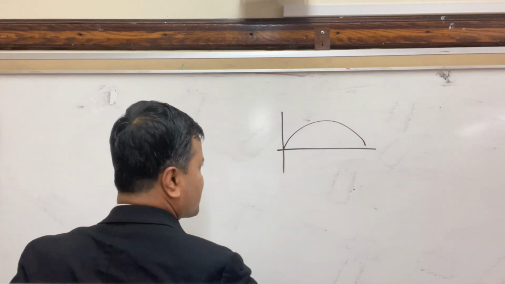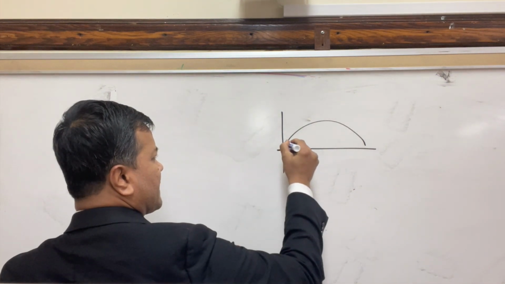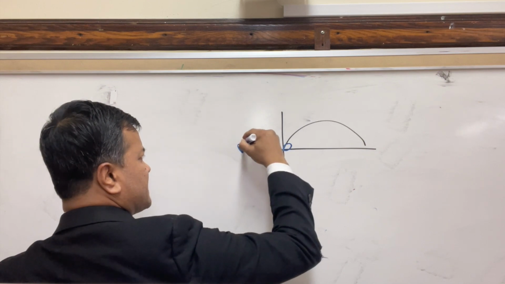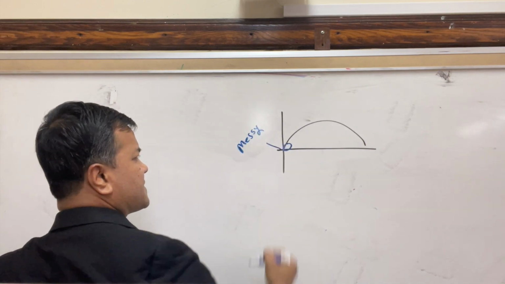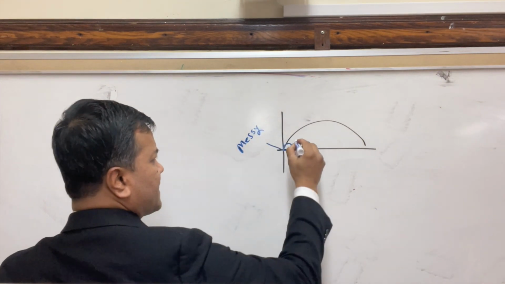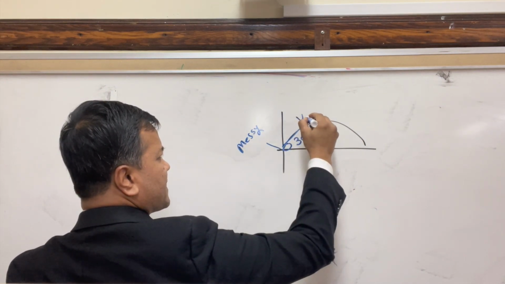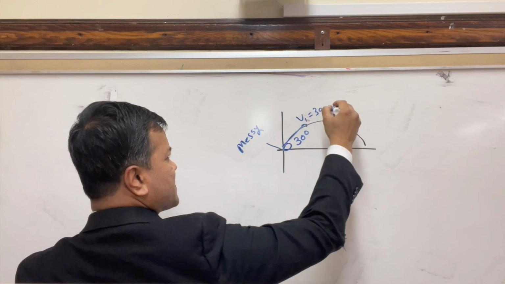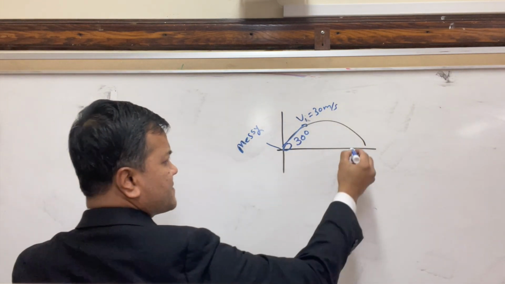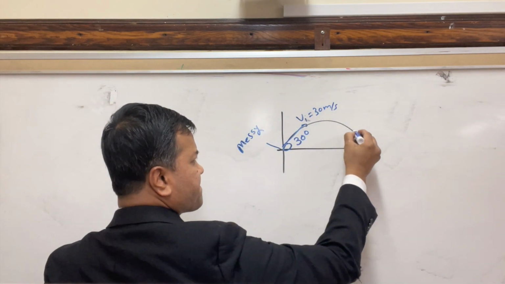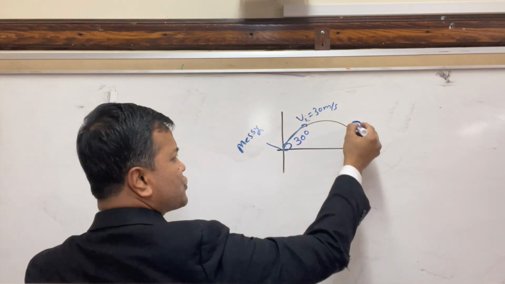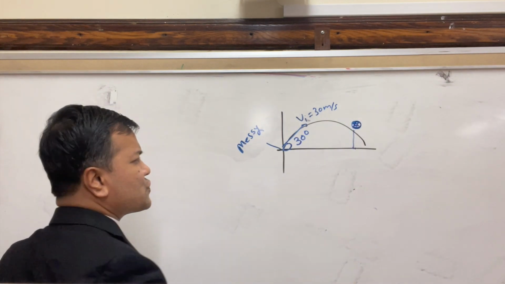Here you have a soccer ball. This is Messi. He kicked the soccer ball at a 30-degree angle with an initial velocity of 30 meters per second, and there is a goal post over here, and the ball overshot the goal post.